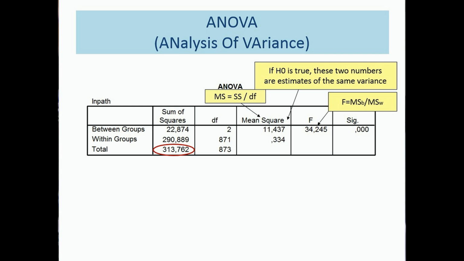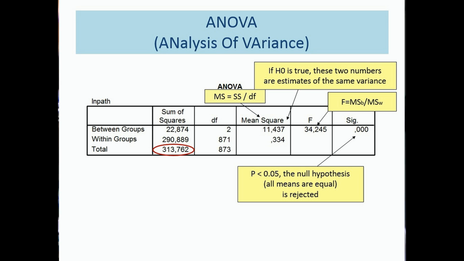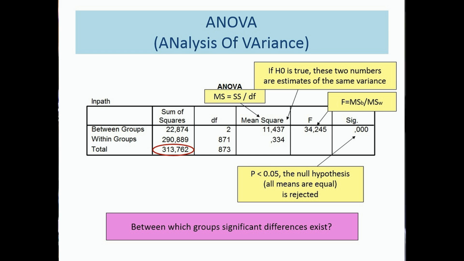If the null hypothesis is true, we expect the mean squares to be equal, so we expect a ratio of 1. The probability of finding a ratio of 34 or even more is smaller than 0.001, so we can reject the null hypothesis of equal means. But we still do not know between which groups significant differences exist.